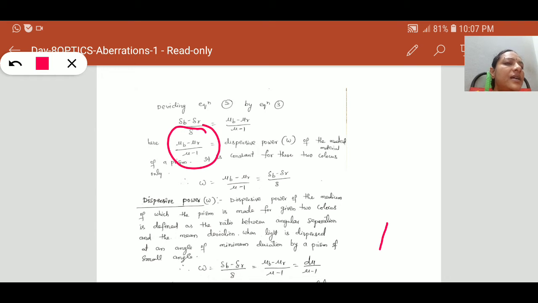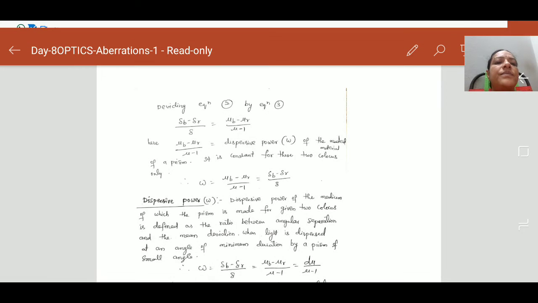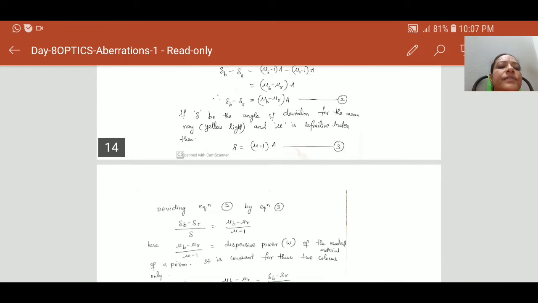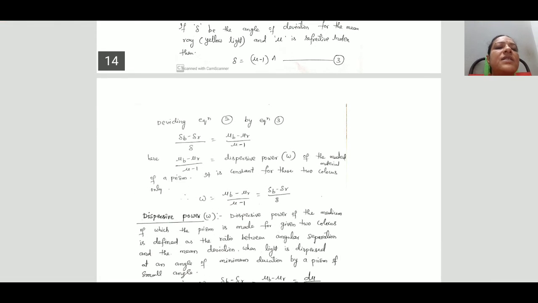If we take another two colors, we substitute those refractive indices according to this formula. See here how we get this formula: substituting the second equation and dividing, we get the final equation (μB − μR)/(μ − 1), the dispersive power.